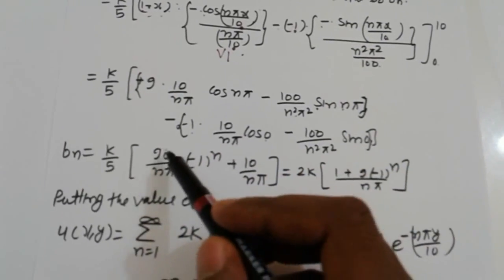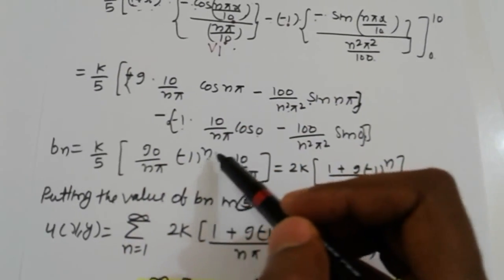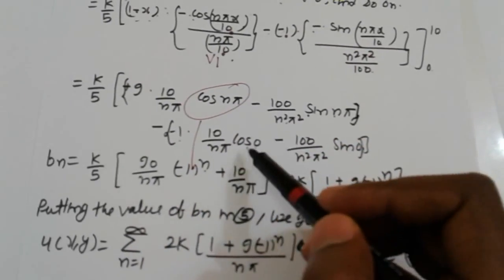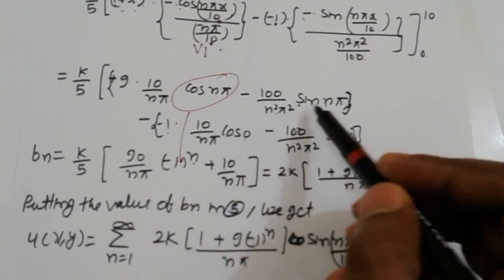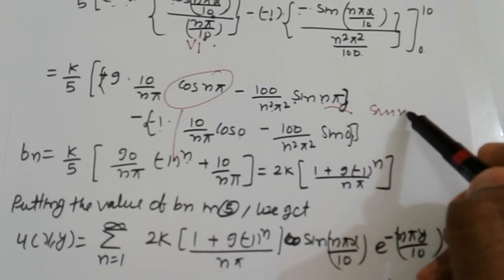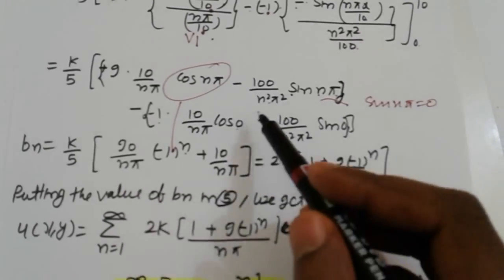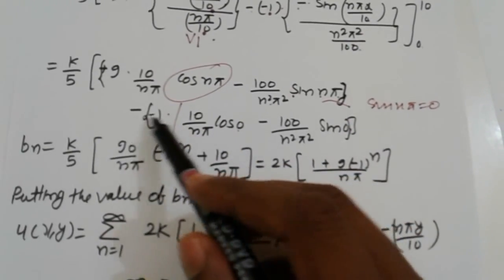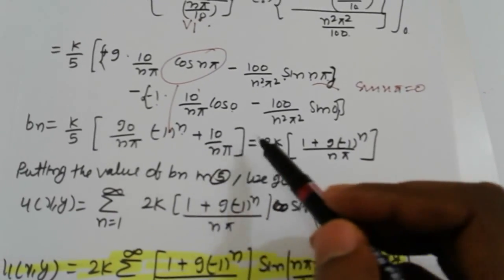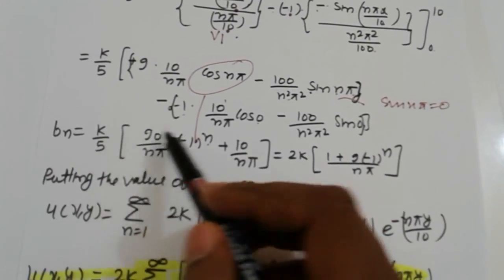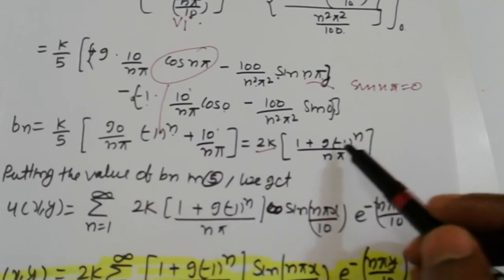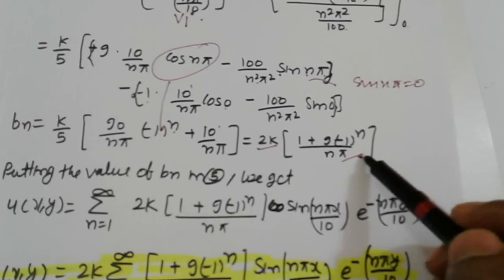So we get 90 upon nπ (-1)^n, and sin nπ is equal to 0. So the second term is 0, and the 10 is common, 5 times 2 is 10, so now we get 2k(1 + 9(-1)^n) upon nπ.